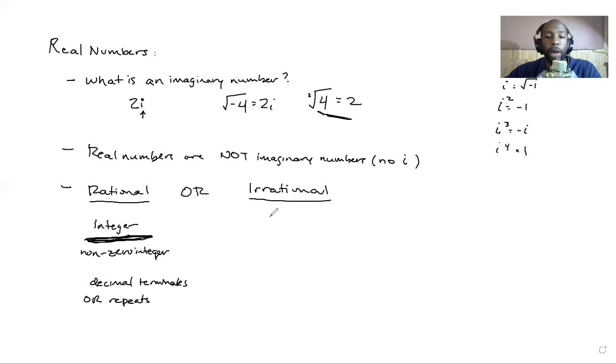So what about irrational numbers? Irrational numbers cannot be defined as an integer divided by a non-zero integer. So let me put an X through that. An irrational number cannot be defined as an integer divided by an integer.